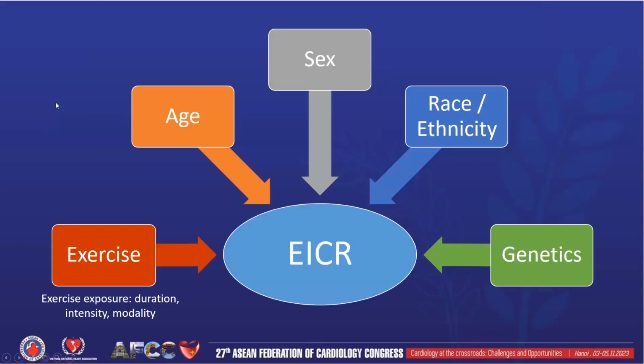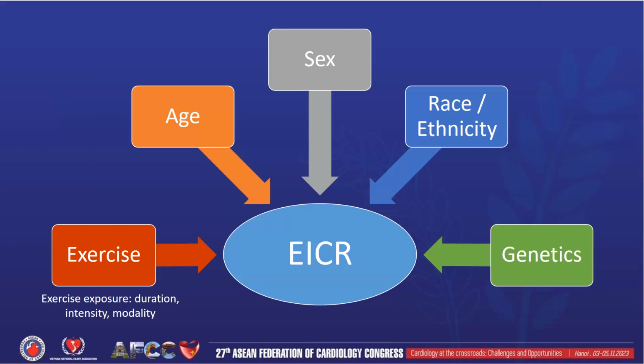The exercise-induced cardiac remodeling process has a number of different factors that influence it. Perhaps the most robust of this is the type of exercise that is performed, both the exercise intensity, the modality of exercise, but also exercise duration, and not just like exercise for 30 minutes a day, but how many years have you been doing? Have you been doing conditioning continuously?